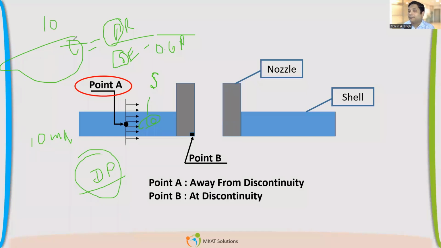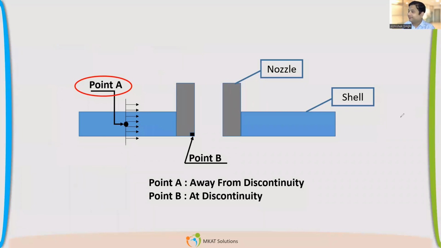Now I'm just putting that 10 mm here. All the values are the same, and I'm trying to find out S. Easy, right? I'll get the allowable stress, no other value. Making sense, right? Great.